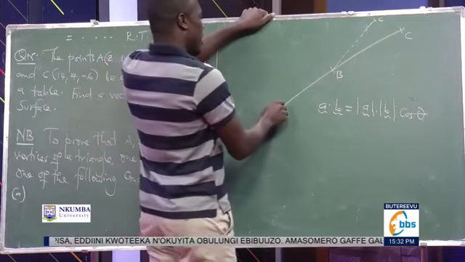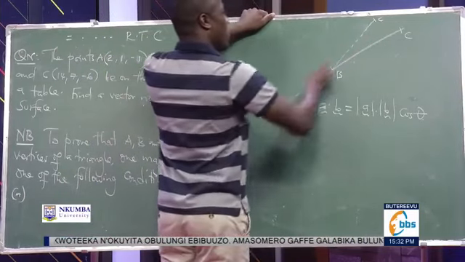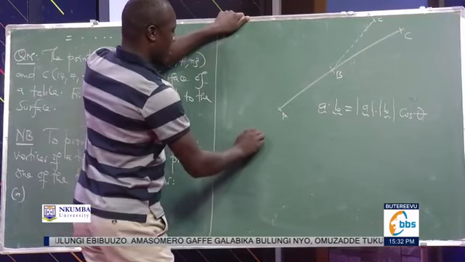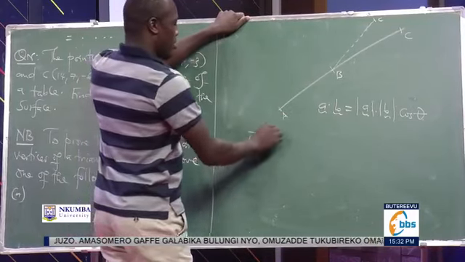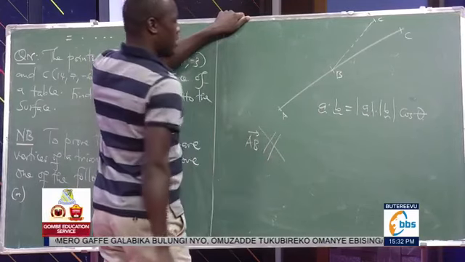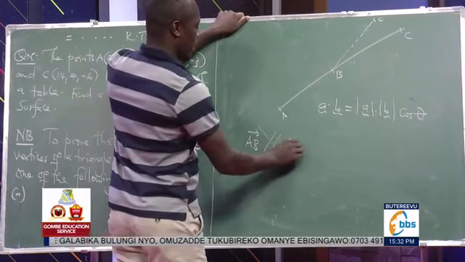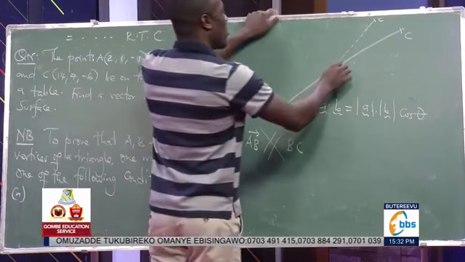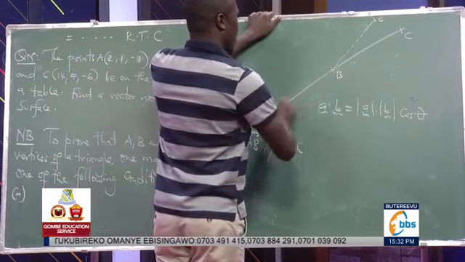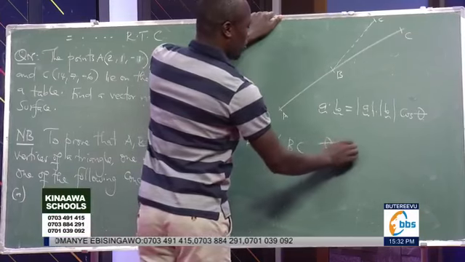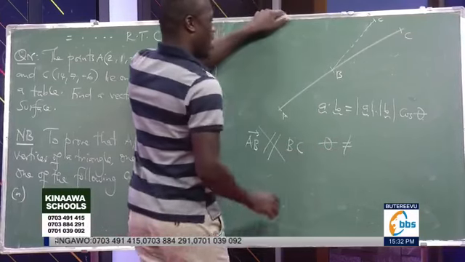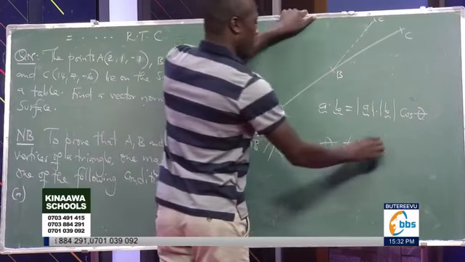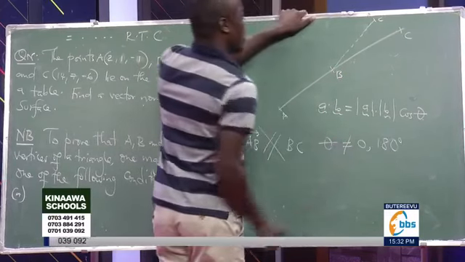Now, if these points are not to be collinear, then the vector AB must not be parallel to the vector BC. In other words, the angle between these two vectors here, theta, shouldn't be 0, and it should not be 180 degrees.